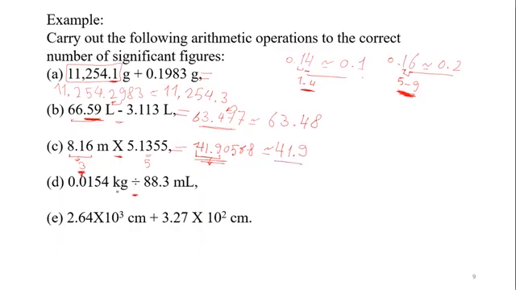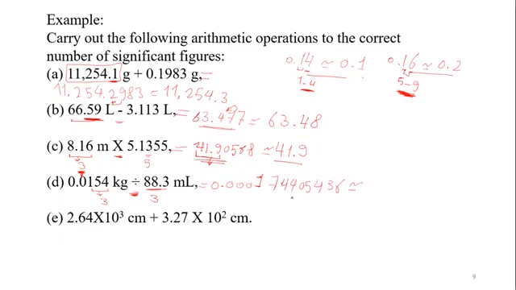41.9. In case of division, it is similar to multiplication, so I would have to count the number of significant figures. 1, 2, 3, I have here 3 significant figures, and here I also have 3 significant figures. So my answer would be 0.001740546.